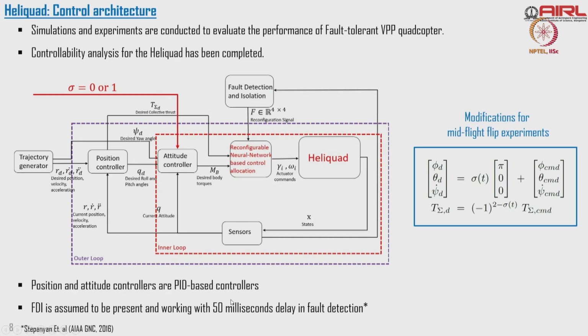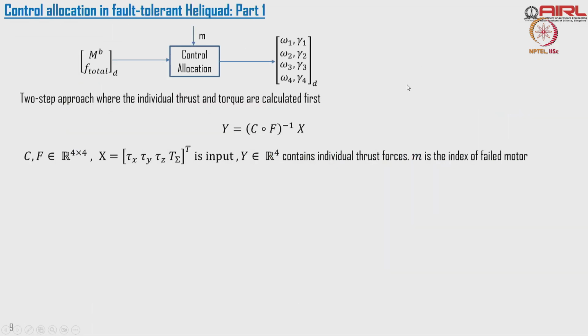There are research articles that talk about different mechanisms for fault detection. One can implement that. It will take approximately 50 milliseconds to process the information, identify and isolate the failed motor. So what happens, I get to know what my moment and force, that is the total thrust, is, and I pass it on to my control allocation matrix along with this failure.